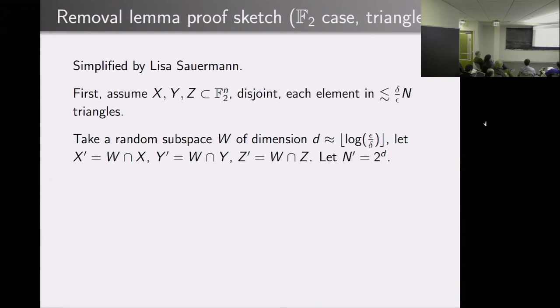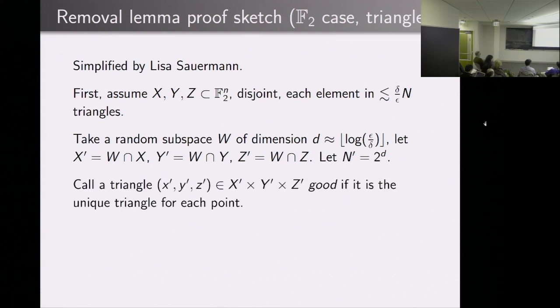So we take this subspace W, and we intersect our three sets. Now not every triangle will be good, so let's call a triangle in this cross product good if it's good for us. Basically, it doesn't intersect any other triangles.